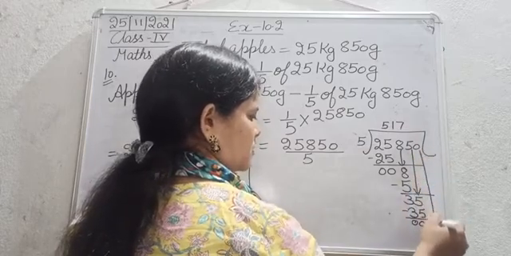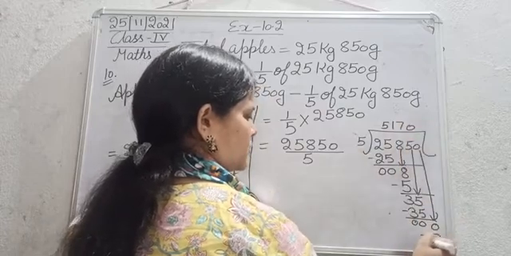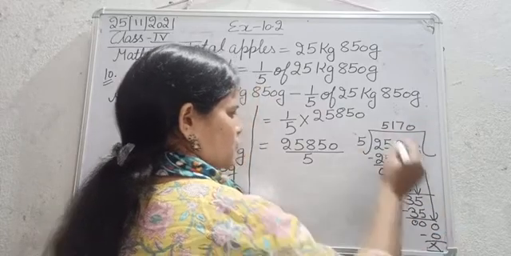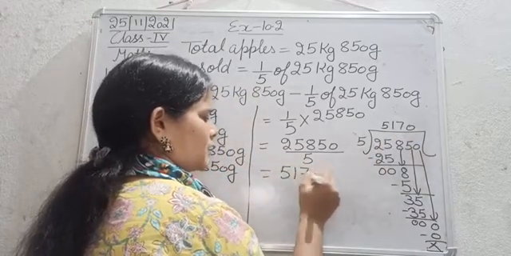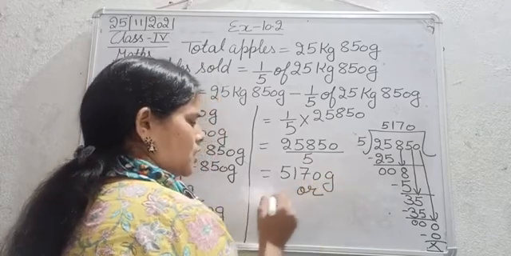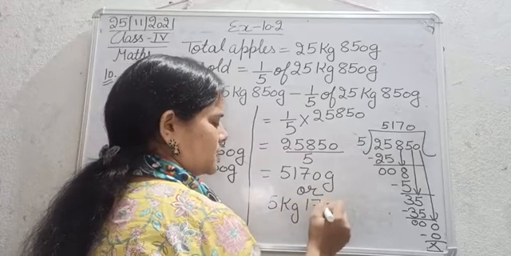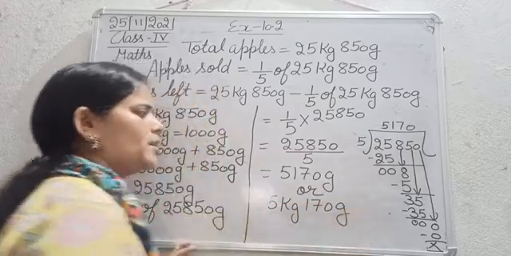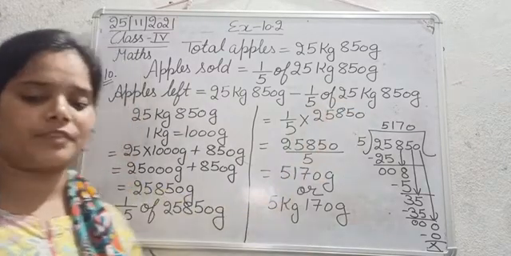Bring down 0. 5 zeros are 0. So we got 5,170 gram or 5 kg 170 gram.